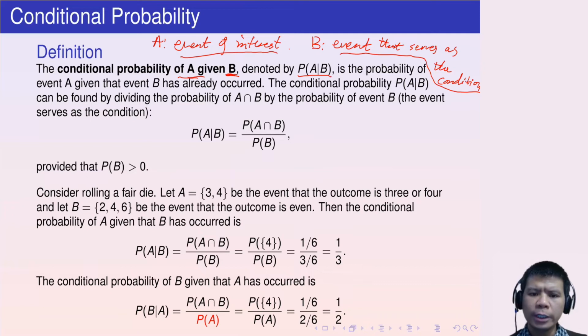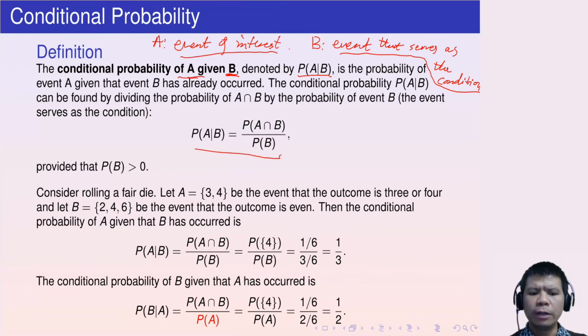There is a bar separating events A and B. The event in front of this bar is the event of interest, and the event after this bar is the event that serves as a condition. We read it as the conditional probability of A given B, the probability of event A given that event B has already occurred. That's the conditional probability. Now, this conditional probability can be found by what?